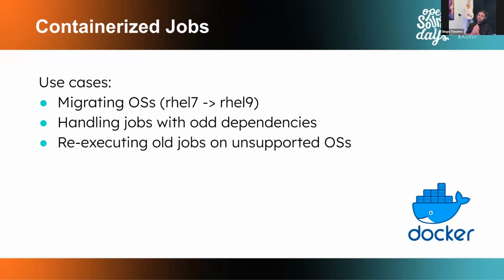But with this new solution, you can simply say that those jobs require the Docker image that contains the odd dependencies. And within the same render farm, you can make a job execute the specific dependencies on its own container.